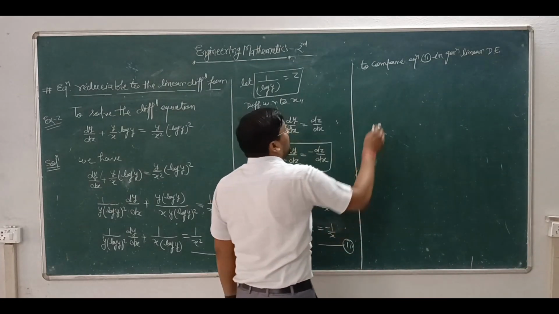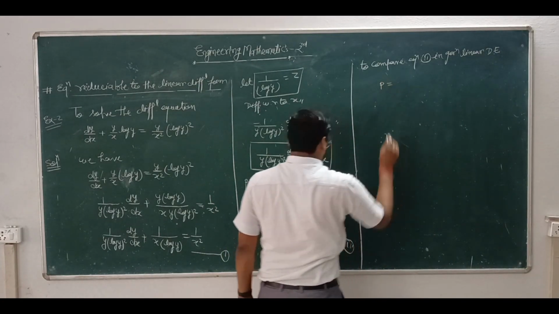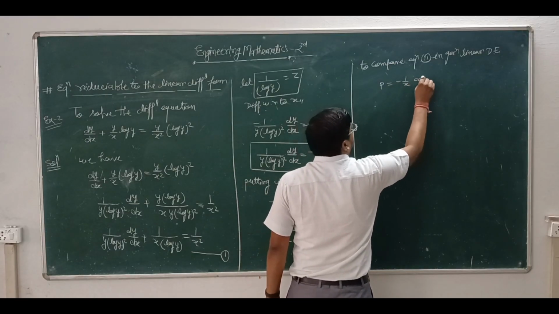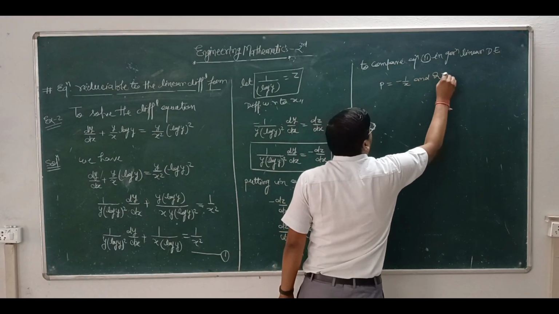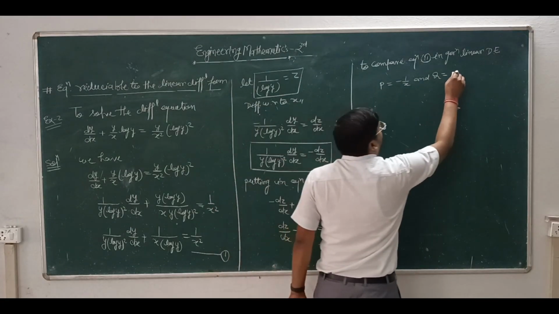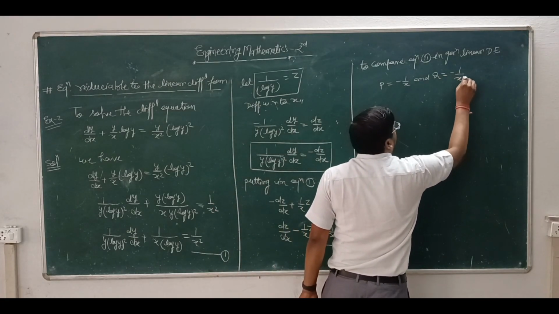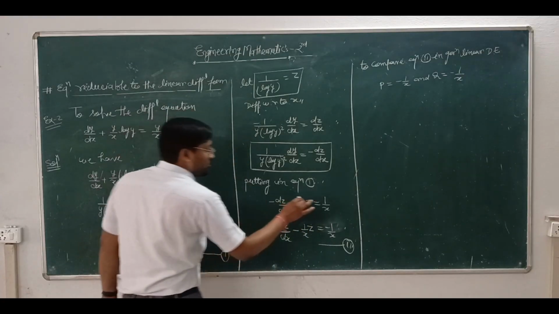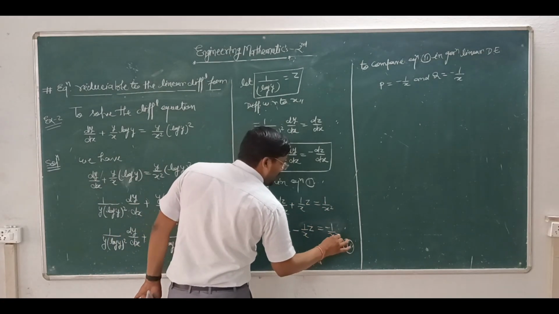First you can find P = -1/x and Q = -1/x².